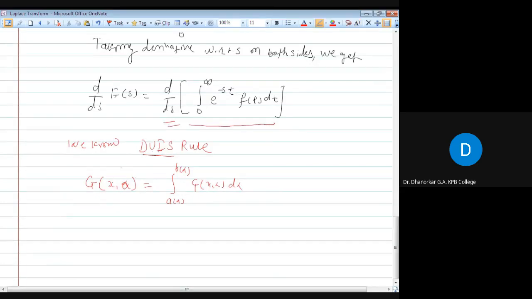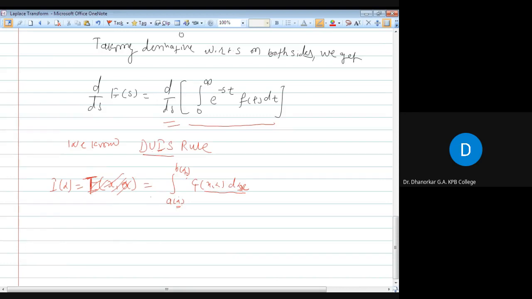Here, instead of g, I will write I of alpha, because after this integration we have to differentiate this function with respect to alpha. We are integrating with respect to x, and the limits are in terms of alpha, so the whole function becomes a function of alpha only. Here I will write it as I of alpha.